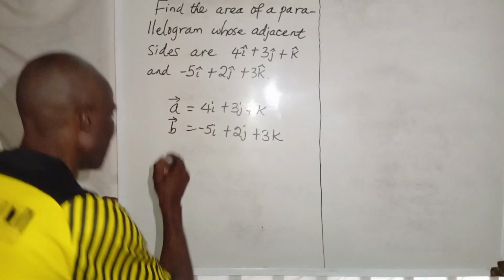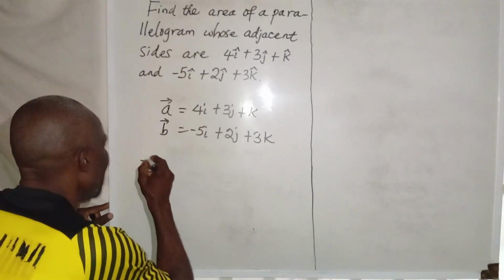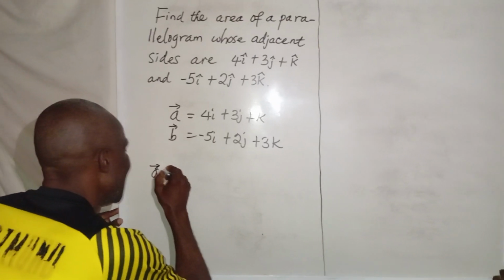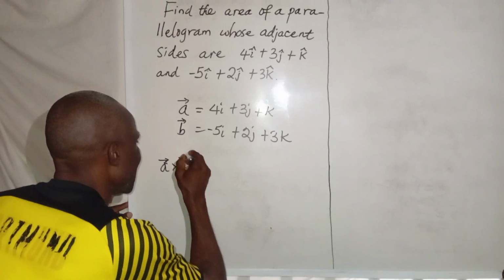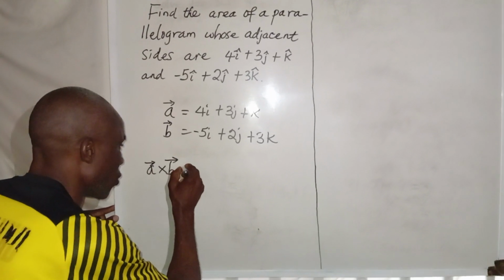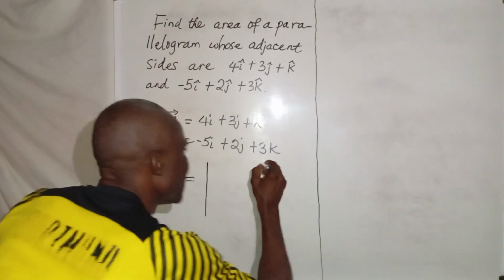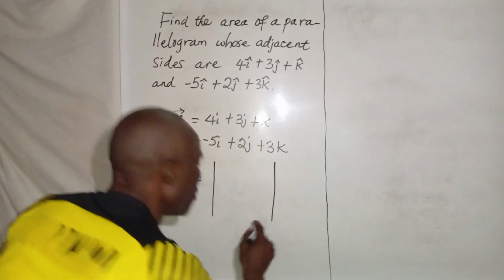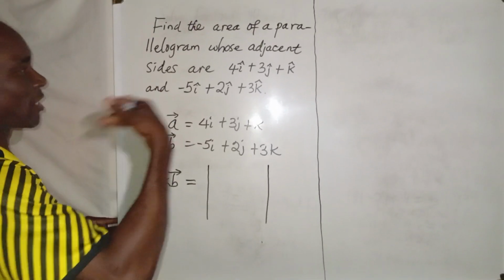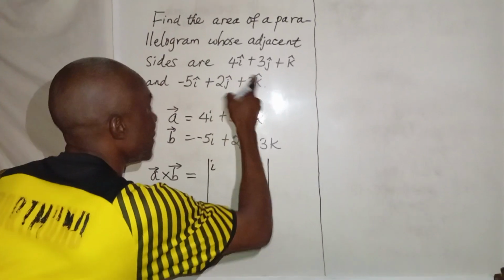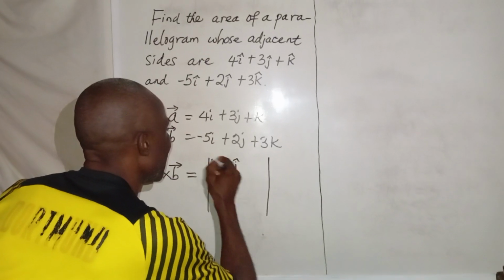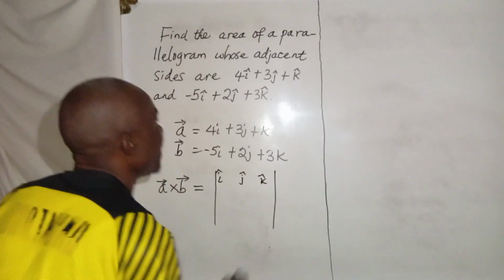How do we find the vector product of vectors A and B? It is vector A times vector B. We use the determinant of a 3 by 3 matrix, taking the unit vectors first, that is i, j, and k.